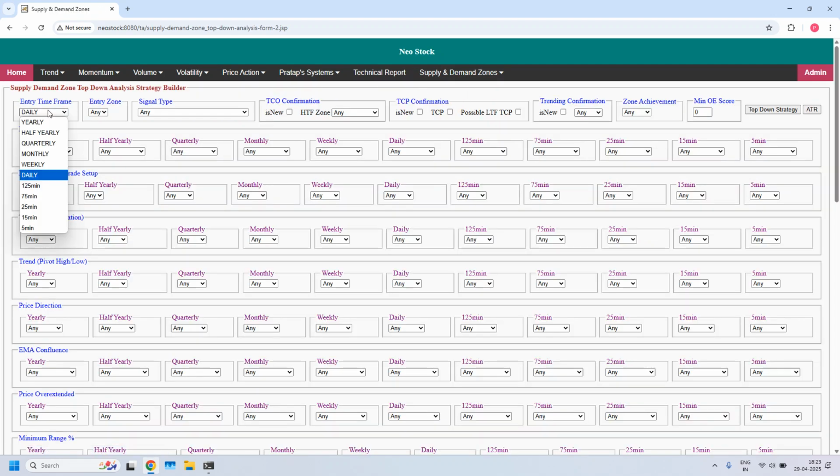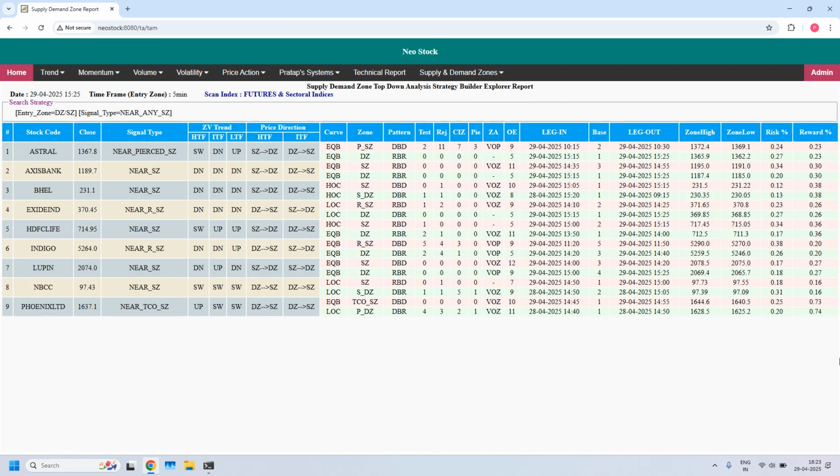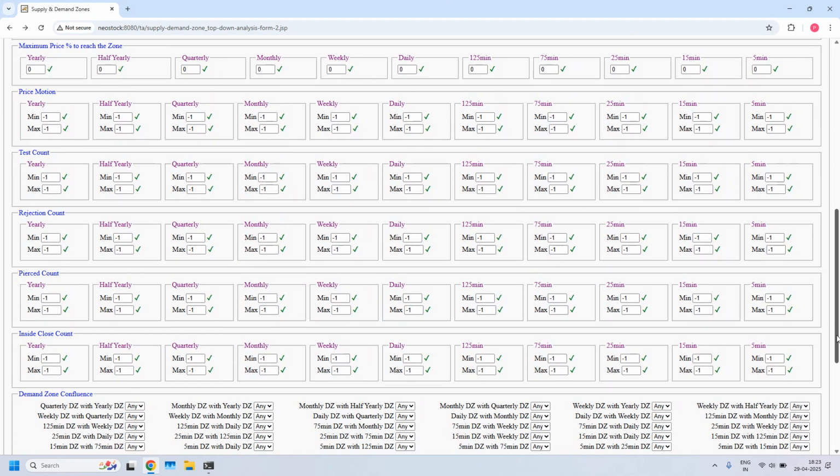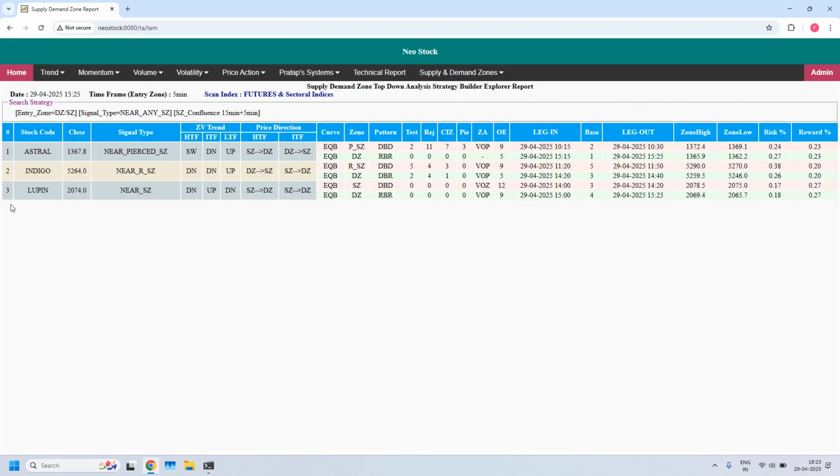Okay, next for 5 minutes time frame, stocks near to the 5 minute supply zone, 9 stocks are filtered. We can further filter this list based on 5 minute supply zone confluence with 15 minutes supply zone. With this filter, we got 3 stocks. Out of these 3, first one is a PR supply zone, ignore it. So this is about stocks near demand and supply zones for different time frames.